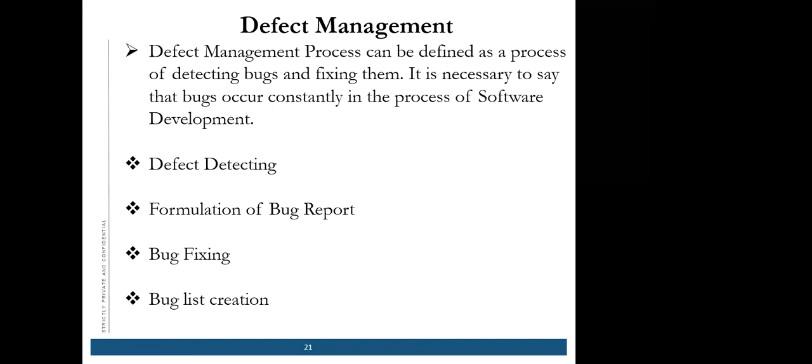So as and when we are getting the defects, we have to file those defects and then rectify them, and then we have to retest those defects. So that all comes under defect management.